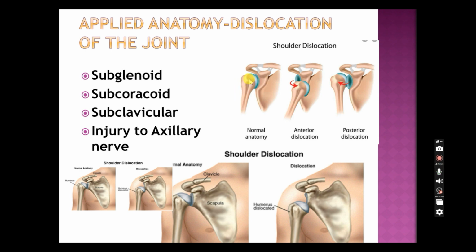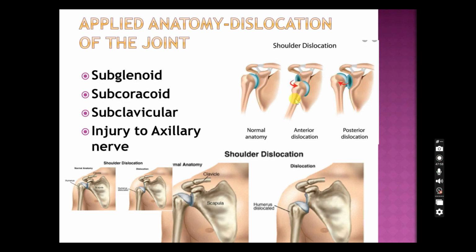If the head simply descends downward, it is called subglenoid. Here we can see from the normal position, it slips down to form the subglenoid, or comes a bit more anteriorly and becomes the subcoracoid position, or more medially to form the subclavicular position.